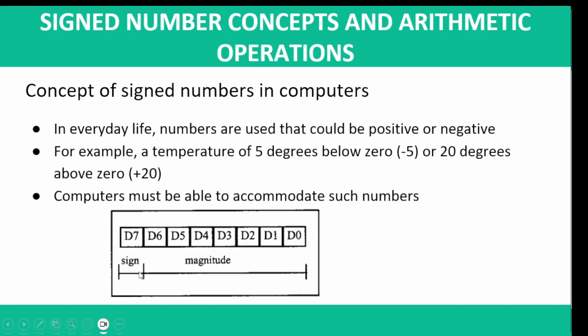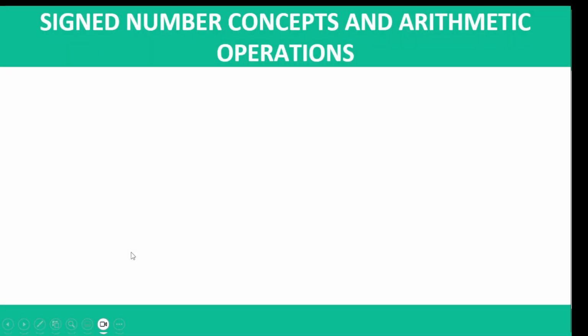It would indicate if it is positive or negative. So this D7 is 0 for positive and 1 for negative. If we have 1 here, our number is negative, and if it is 0, then it is positive.